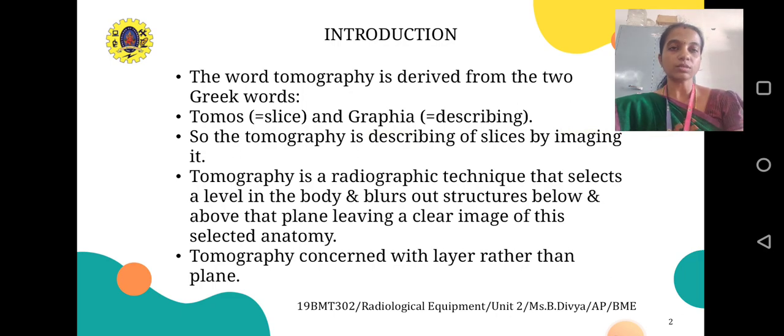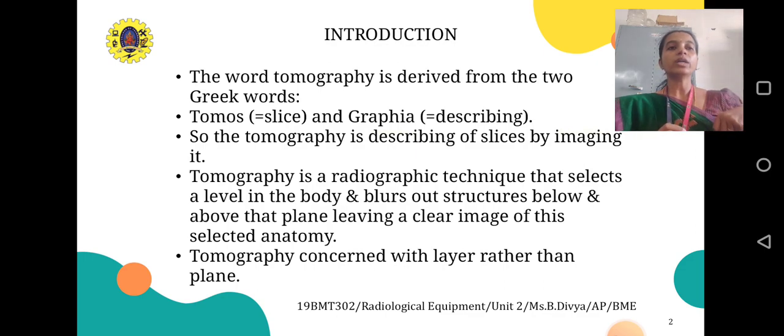First, introduction. The word tomography is derived from two Greek words: tomo, which means slice, and graphia, which means describing.